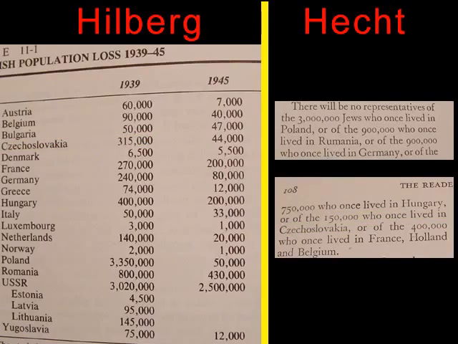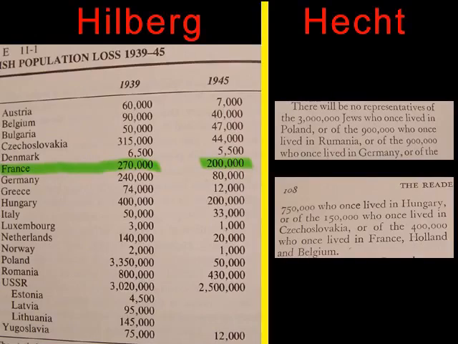Our third problem with Hecht's tabulation is that according to Hilberg, all the Jews weren't killed. Some fled, some weren't rounded up, some hid, some emigrated, some left and then returned. For instance, for the 400,000 Jews in Hungary, 200,000 were still left after the war. For the 240,000 Jews in Germany, 80,000 were still there after the war. For the 270,000 Jews in France, 200,000 still remained after the war.